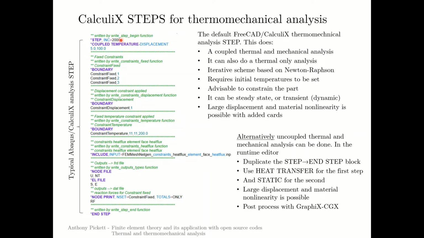And then for this analysis step, it would do a simple thermal analysis. And then this information will go through into the next step. And in that next step, you would have here static, just simply static, which means it would do a simple mechanical analysis. And you would find you will get essentially exactly the same results.